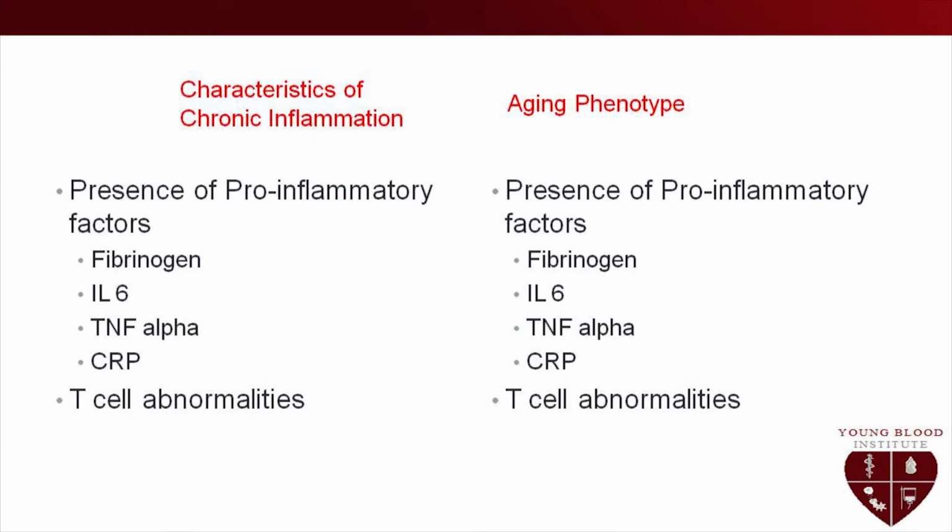So, if you look at the profile of chronic inflammation in elderly people, you will see that it is exactly the same. We have the same pro-inflammatory substances present in the blood of these people, and the T cells are faltering as well.